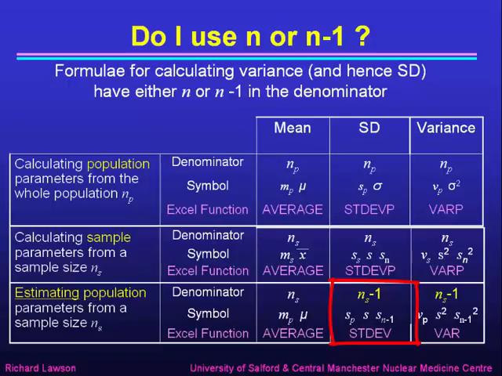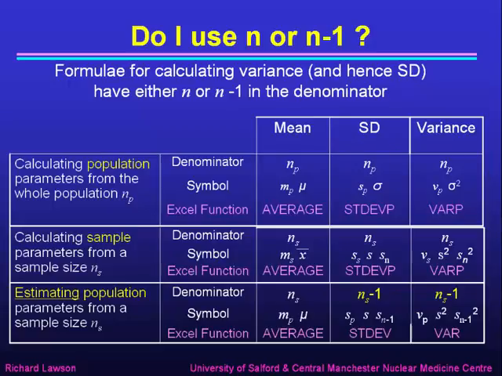And the Excel function for that, STDEV without the P on the end, is the one that has the n-1 in the denominator, and so that's the correct one to use. Similarly, the function VAR without the P at the end is the one that calculates the variance using the Ns-1 in the denominator. So those are the ones to look out for, but the normal calculation is the one with the P at the end.